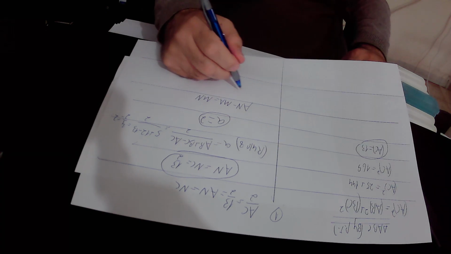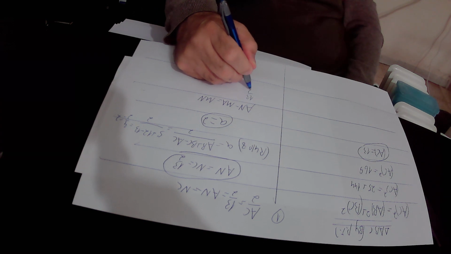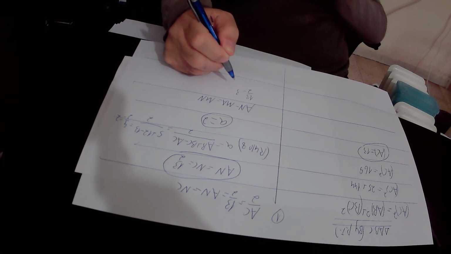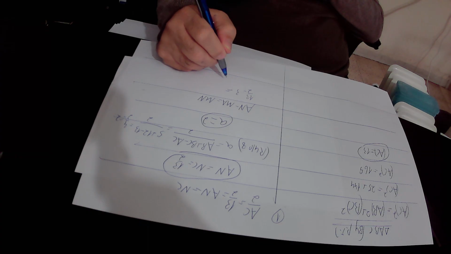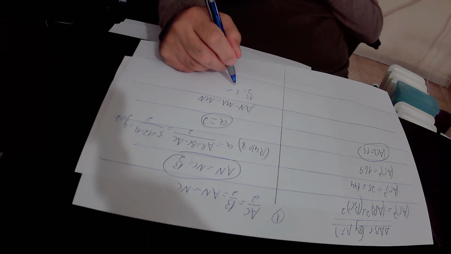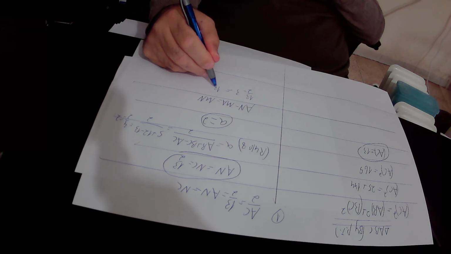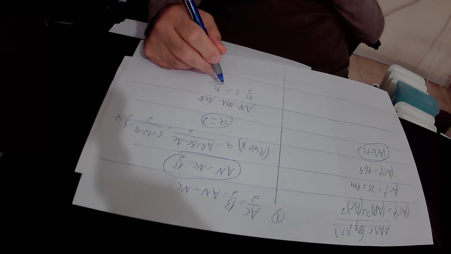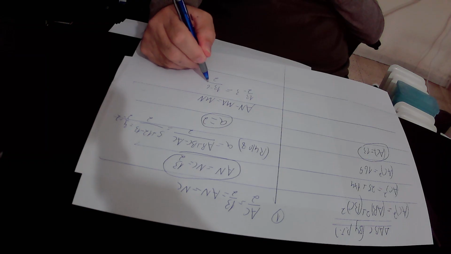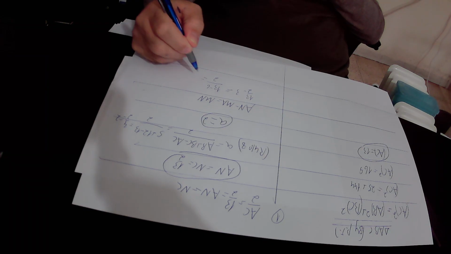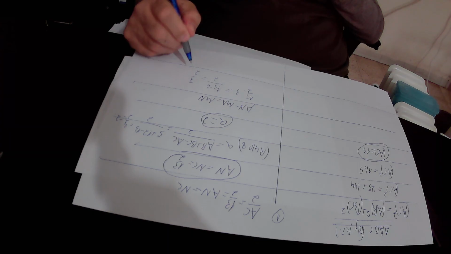AN is 13 over 2, minus AM is 3, equals, here we multiply minus 3 by 2 and then divide by 2 in order to get a common denominator of 2, and we get 13 over 2, minus 3 times 2 is minus 6, so 13 minus 6 is 7, so in total this expression equals 7 over 2.